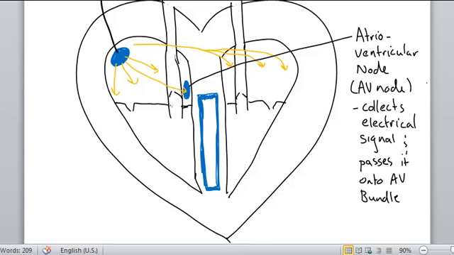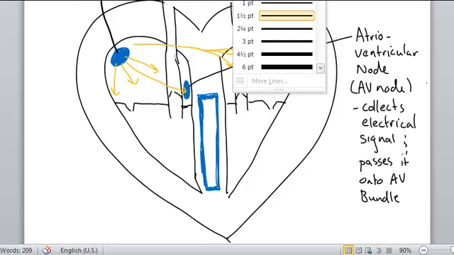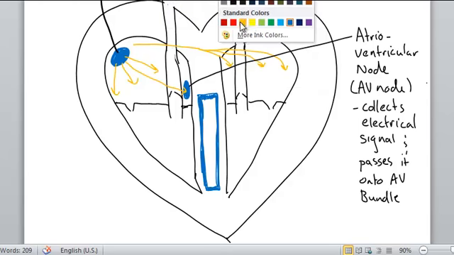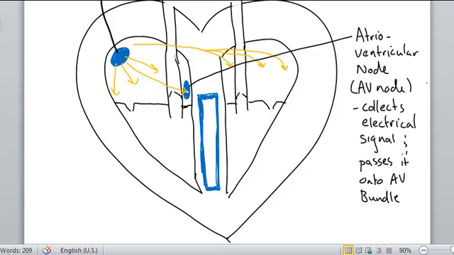This is kind of like trying to leave the lid on a toothpaste tube and squeezing it really hard. It's going to burst. If you do this to the heart, it also will burst. So instead, it picks up the electrical signal and without causing direct contraction, carries it down the AV bundle.